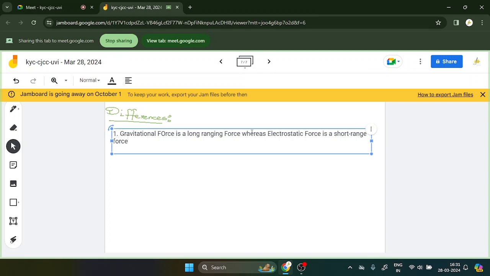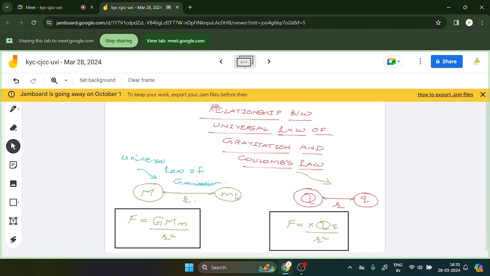Now, important point. Second point. Can you see the second difference here? If you look here, m and m. The universal law of gravitation is always an attractive force. Whereas if I take plus q here, and instead of plus q I take minus q here, this will become attractive. Earlier it was repulsive.